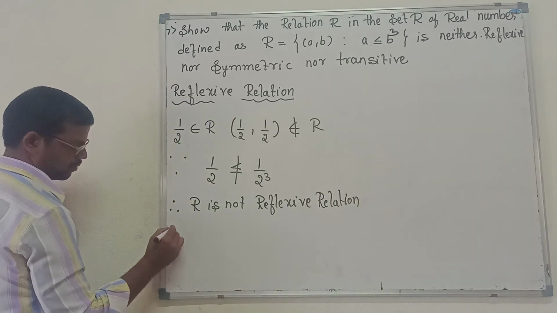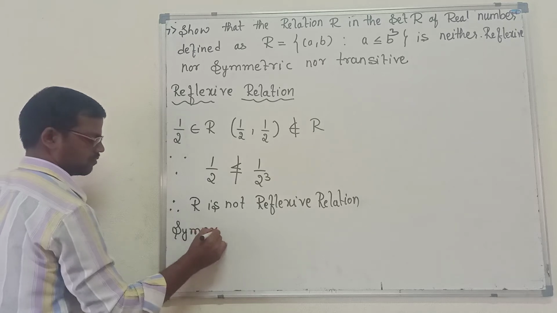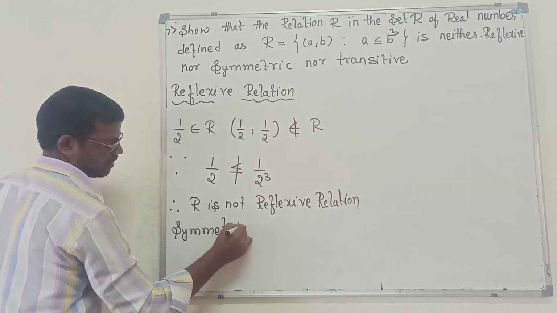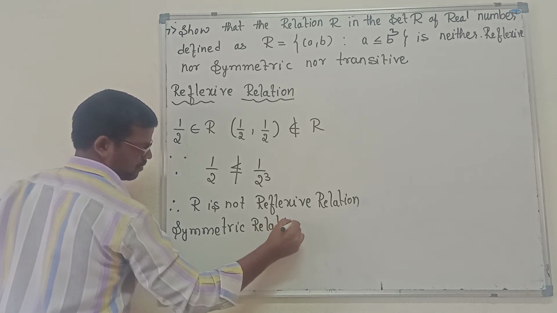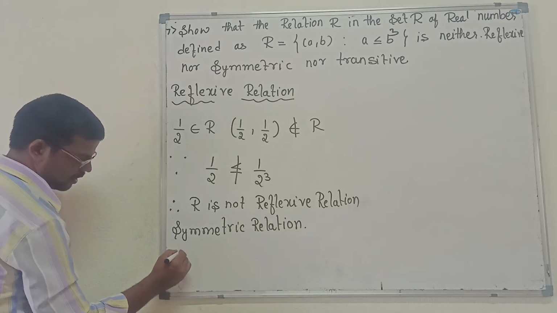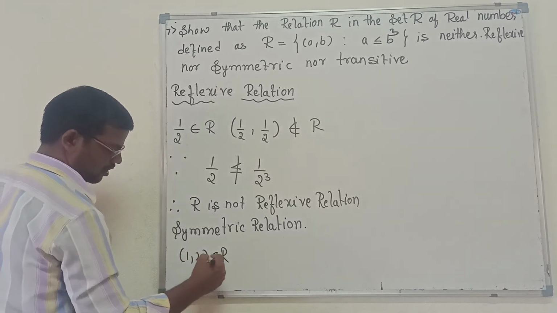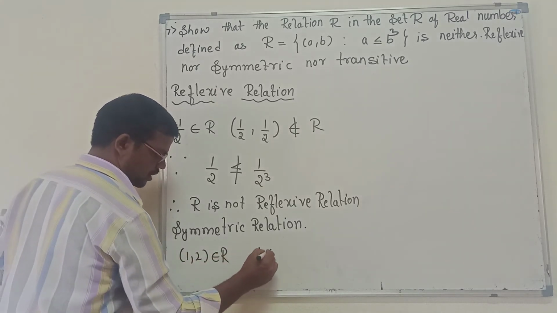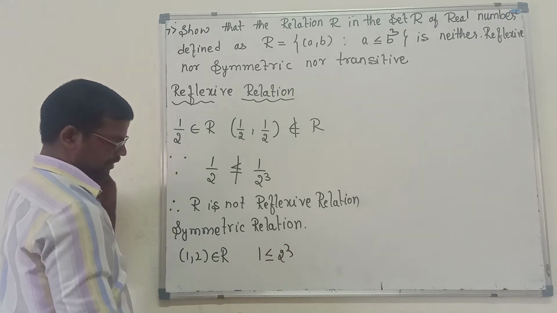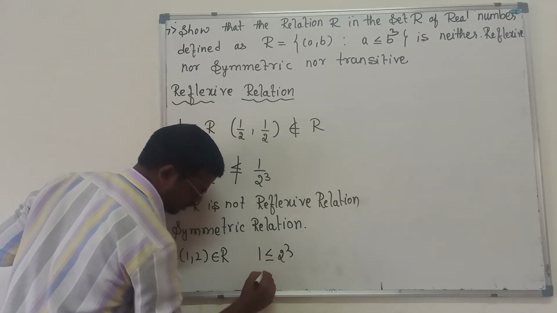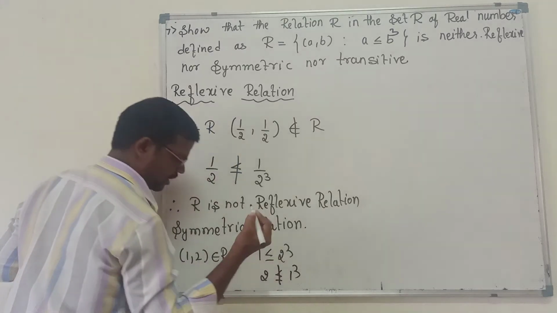So next we move to the symmetric relation. We take one pair, 1 comma 2 belongs to R. If 1 comma 2 belongs to R, it means 1 is less than 2 cube, which is 8, so 1 is automatically less. Next we have to check whether 2 is less than or equal to 1 cube. No, it never happens.